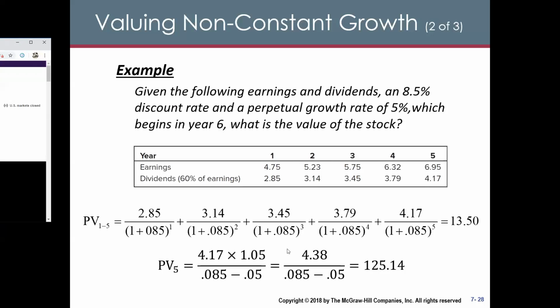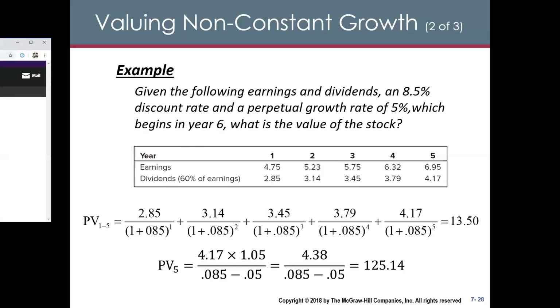Starting in year 6, it's going to be a nice constant perpetual growth rate of 5%. In year 5, we are going to receive a $4.16 dividend. So the dividend you receive in year 6 should be 4.17 times 1 plus 5%, or times 1.05.